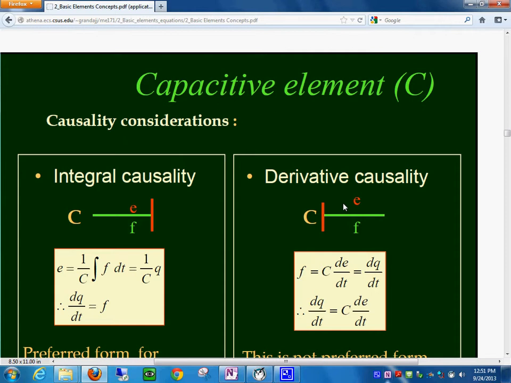Now, if you do it to the one on the right side, you're going to see that f is equal to C times d dt, which is the derivative form.